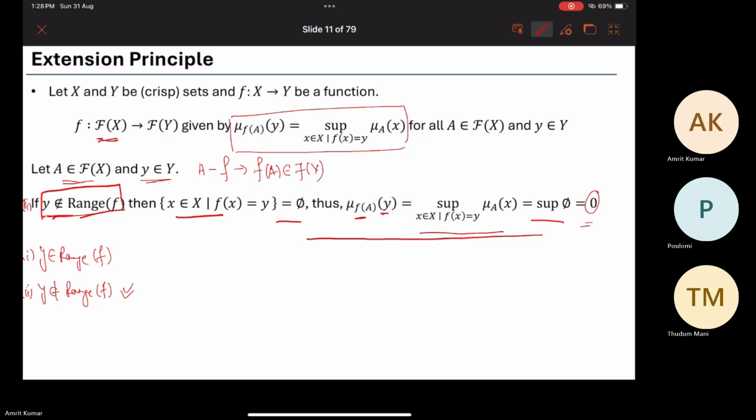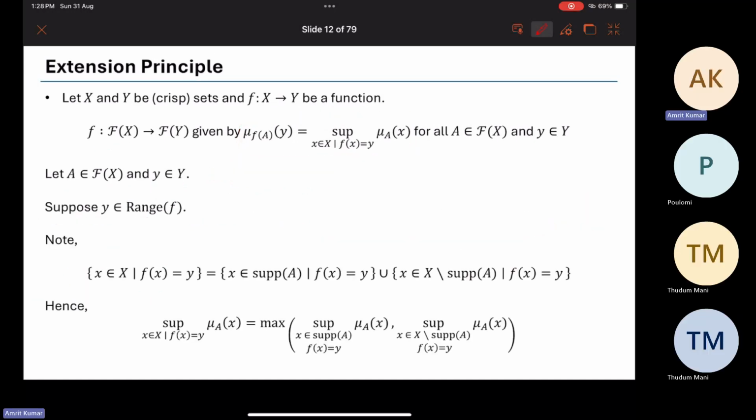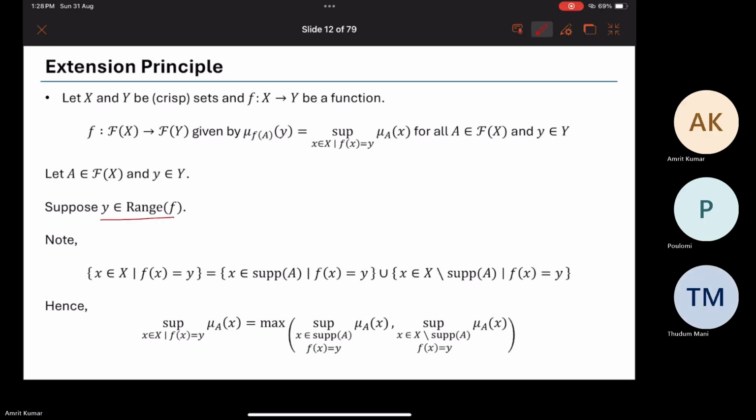Now, let us look at the case when y belongs to the range of f. Now, y belongs to the range of f means that the set of all x such that f(x) equals y is non-empty, right? Now, this set can be written as a union of two sets.